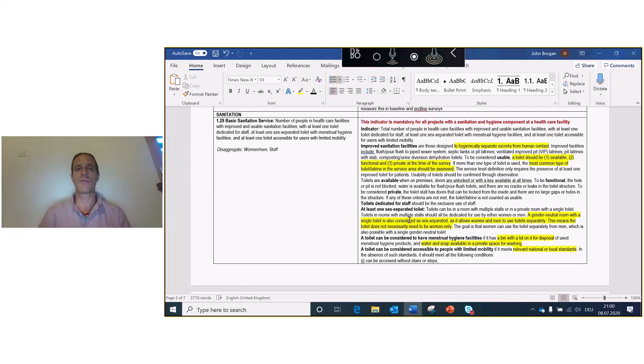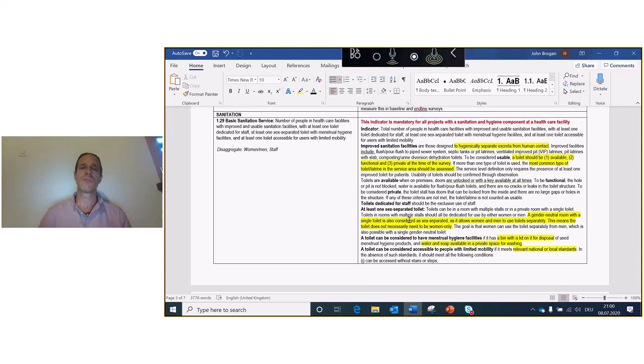In cases of smaller healthcare facilities, as is common in many of our project areas, there may only be one toilet in the whole facility for patients. It doesn't mean that it won't meet the sex-separated aspect of this indicator. You can have a gender-neutral room that both men and women can access, but the important thing is that it allows women and men to use the toilet separately, and that the toilet doesn't necessarily need to be women only.